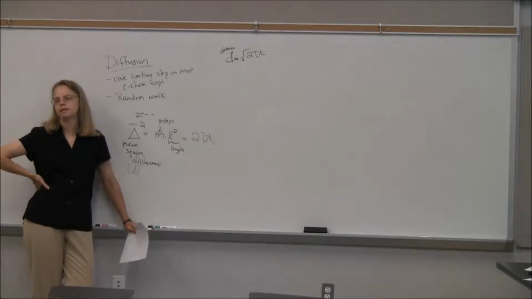Okay, so if you have to guess D, what's D? Let's take an order of magnitude, 10 to the minus, I'll even help you out. 10 to the minus what?